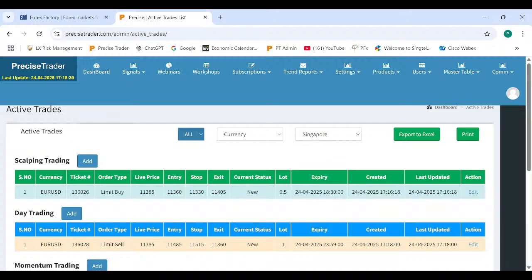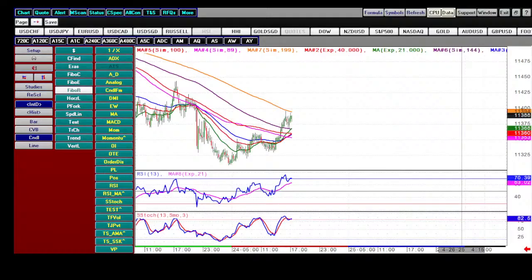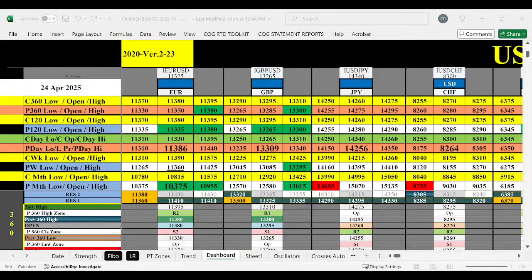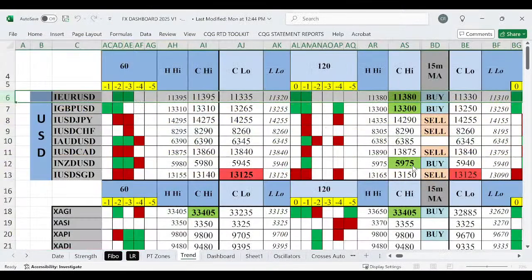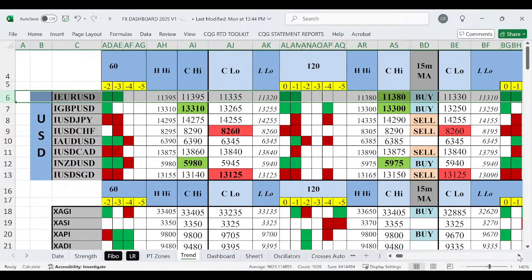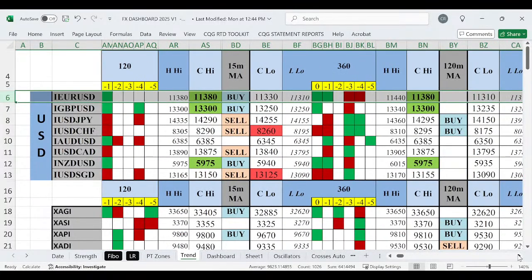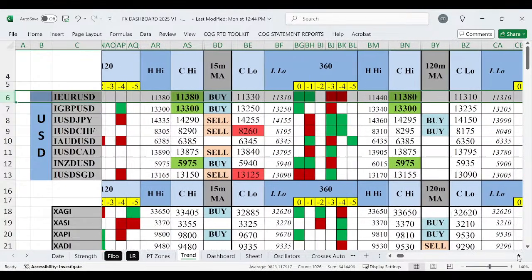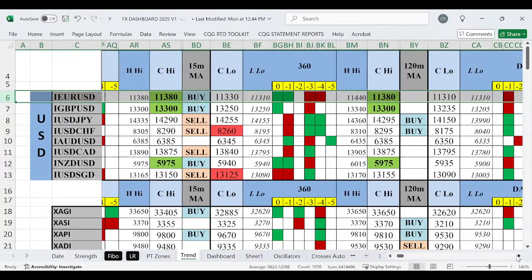So the next signal we are going to look for is the pound, okay, which is also showing some strength again. So this is also in a similar situation.